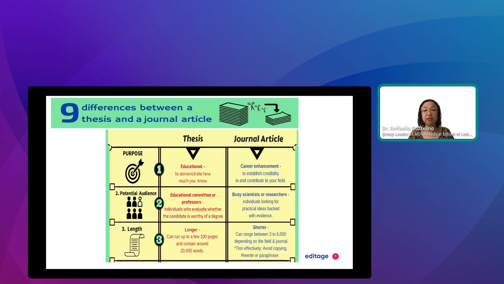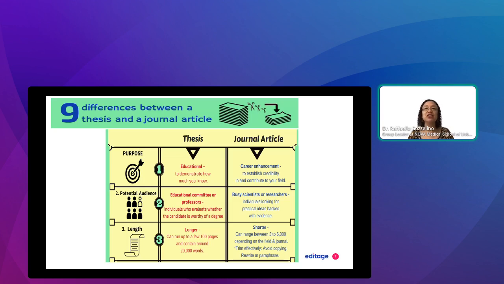But for a journal article, there are studies assessing that the percentage of your experimental training that goes into a journal article is less than 5% of everything you did during your study.